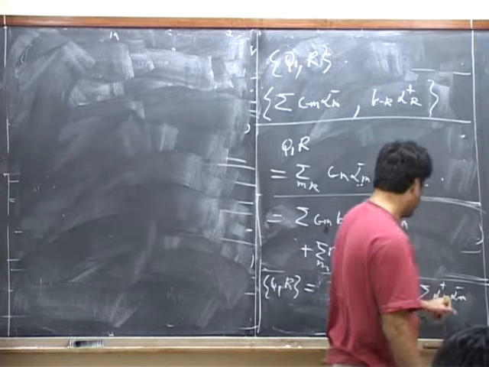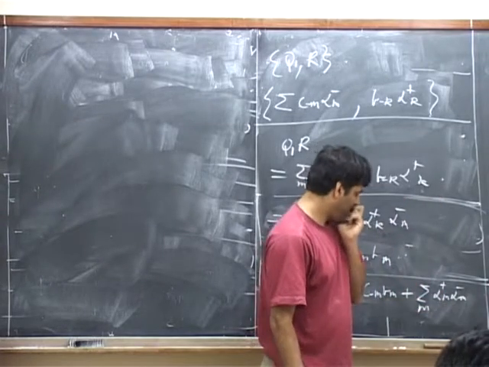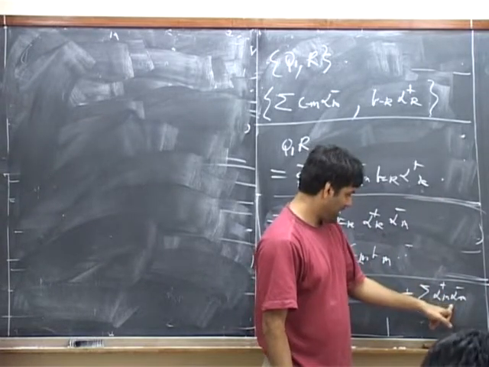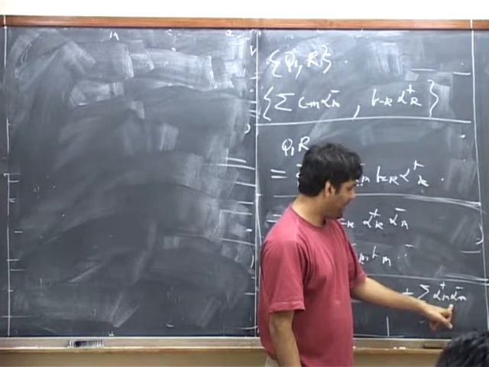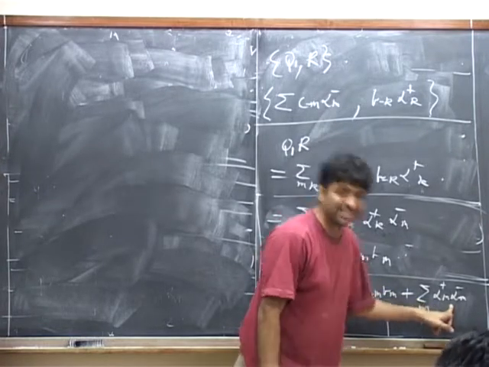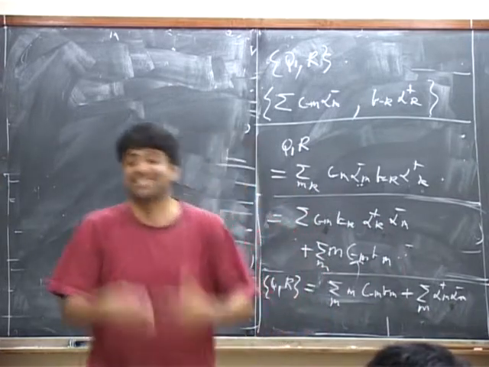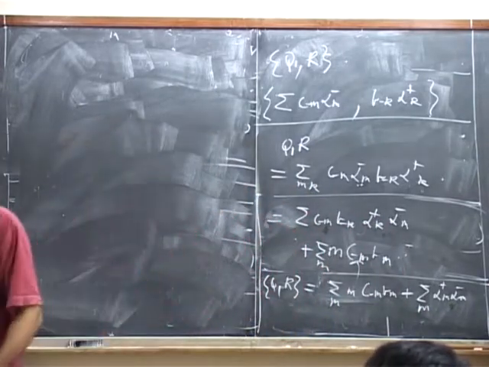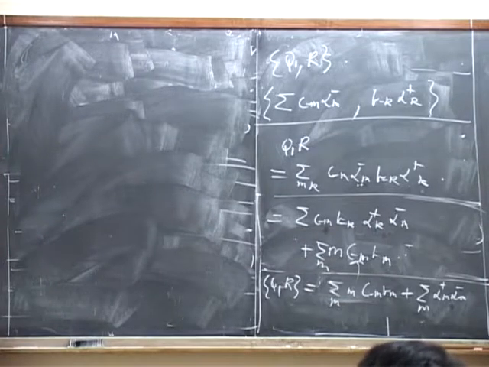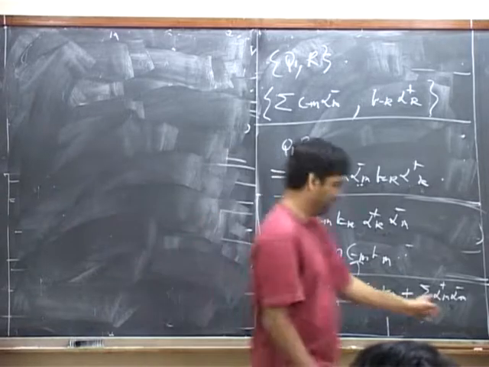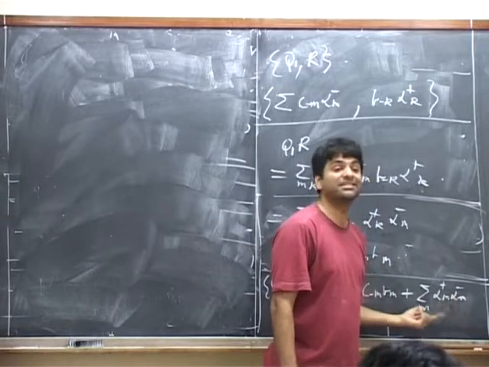So what is this guy here? This guy is the number of plus oscillators weighted by its level plus the number of minus oscillators weighted by its level. It's the term that doesn't have interpretation.